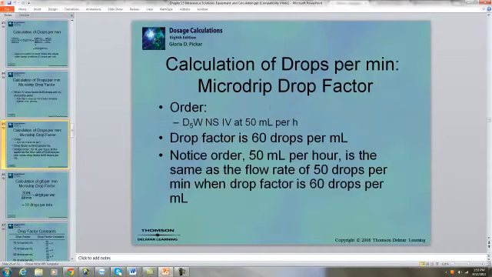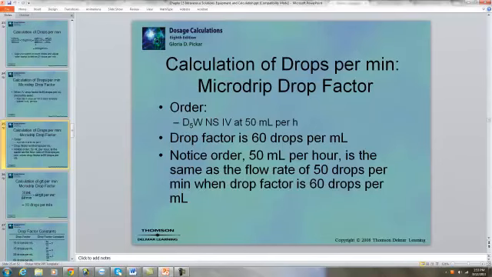So the calculation of drops per minute by the micro drip drop factor, if the order is dextrose 5% water, normal saline IV at 50 milliliters per hour, and the drop factor is 60 drops per milliliter.